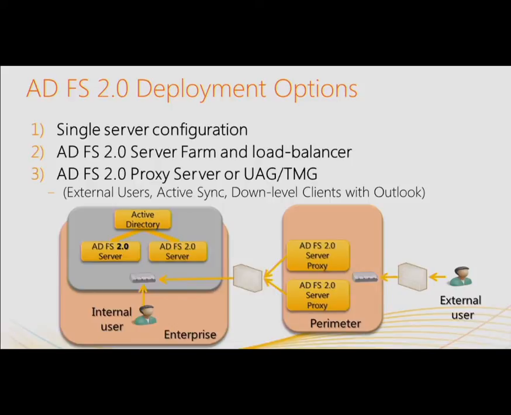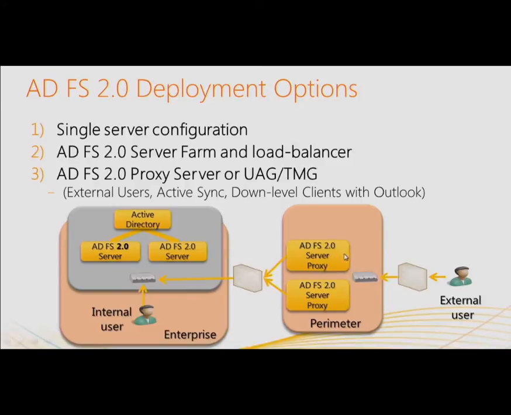So an additional infrastructure. Again, here we strongly suggest to deploy at least 2 ADFS 2.0 server proxies with a network load balancer again, so that our external user can connect to Office 365, then connect to the ADFS 2.0 server proxy, and then the proxy will pass our connection to the ADFS 2.0 server, the real maintainer of our authentication mechanism, that will validate our credentials with the Active Directory.